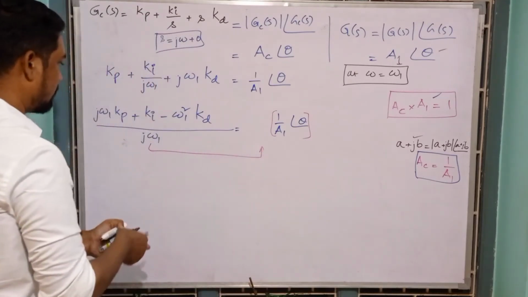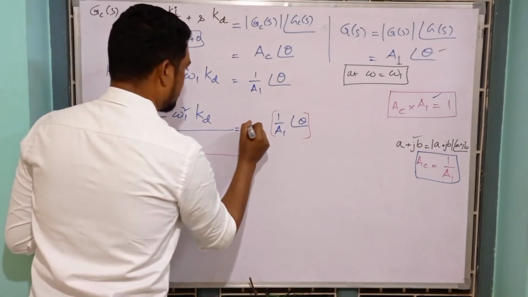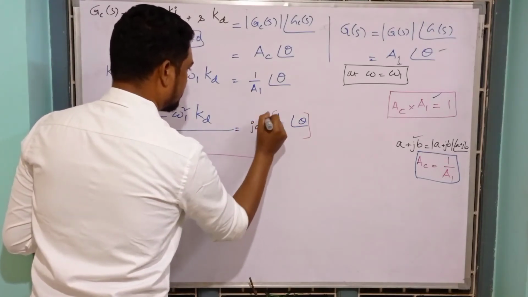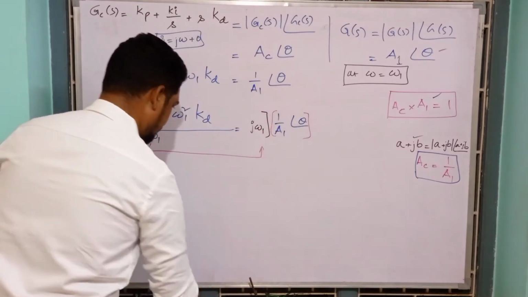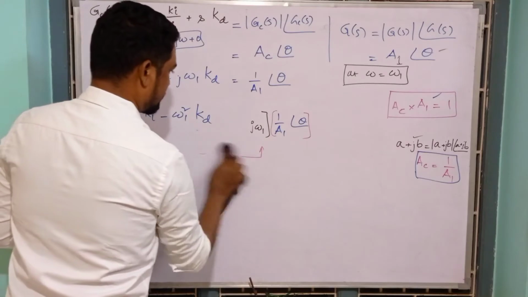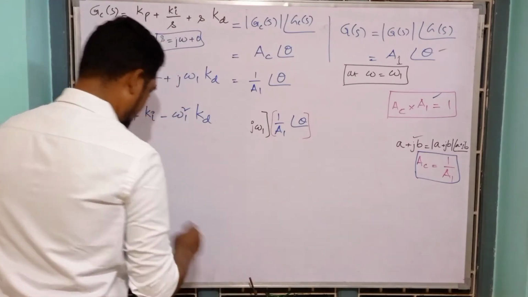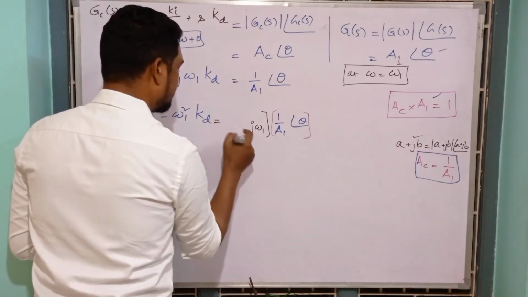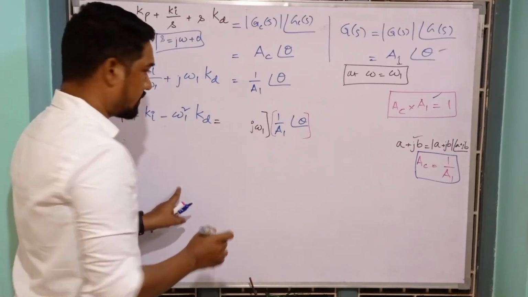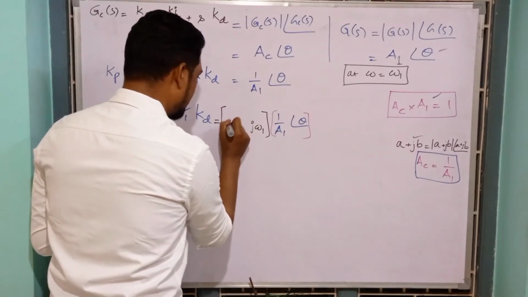In the sense, j omega 1 will be over here. So which will be equal to that j omega 1, which I pulled to the RHS, and more precisely, it's 0 plus j omega 1.